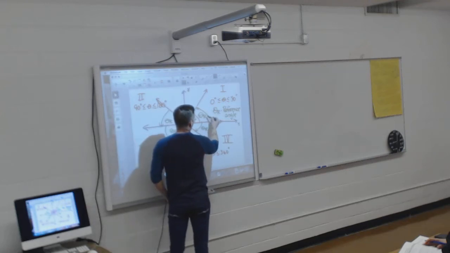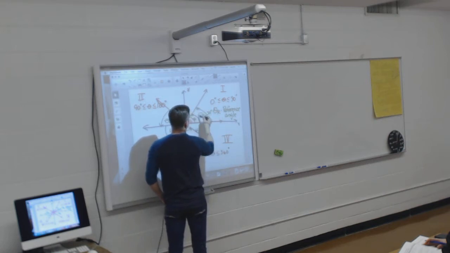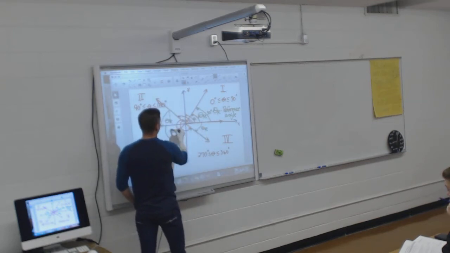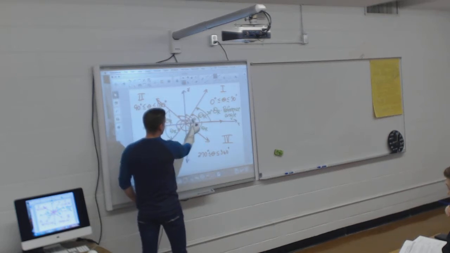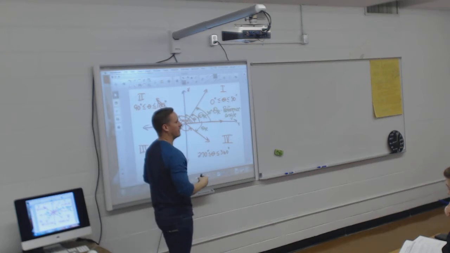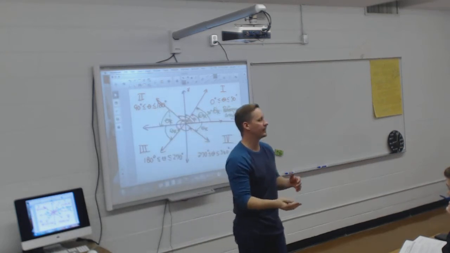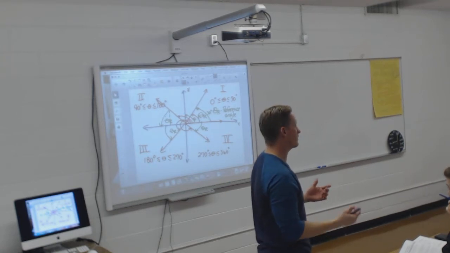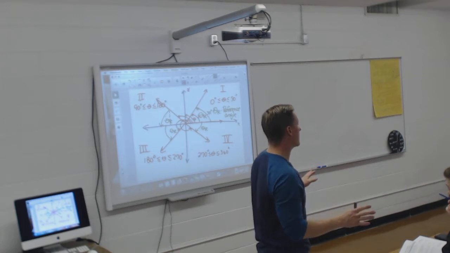This reference angle of 30 degrees here gives the sine ratio, opposite over hypotenuse. Same thing here, opposite over hypotenuse. The reference angle here is 30 degrees, which makes this 150. And so that's why the sine of 150 and the sine of 30 degrees are actually the same. That's because your reference angles are the same in both cases, they're both 30. We'll talk about that a lot more after the fact.